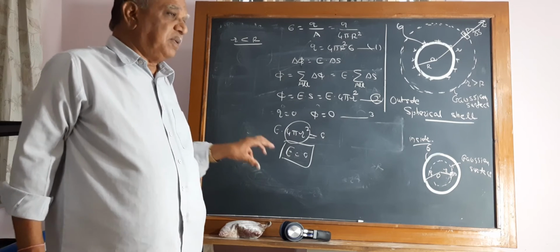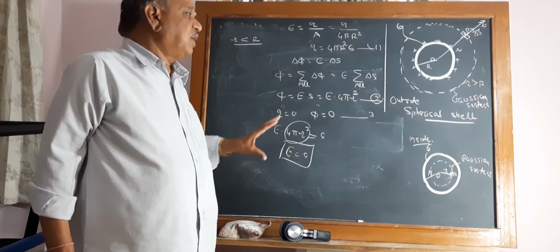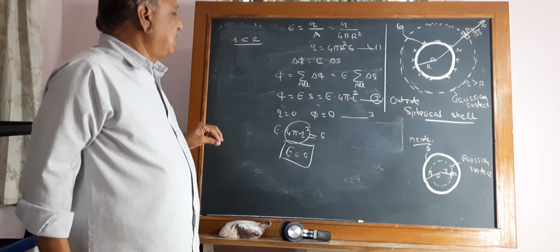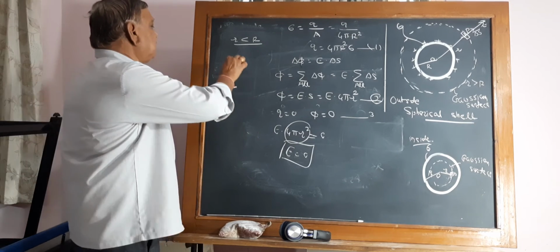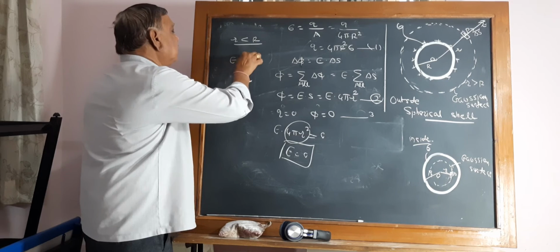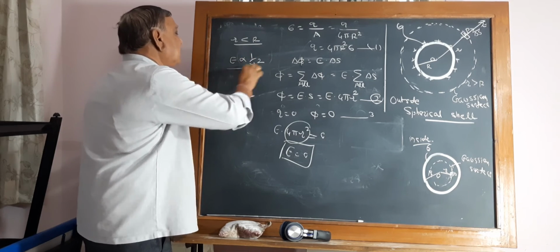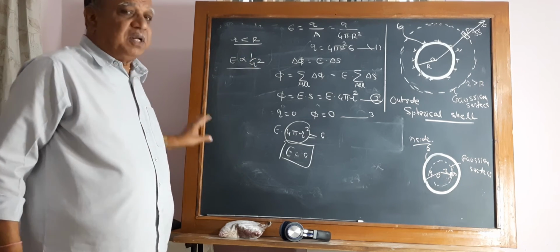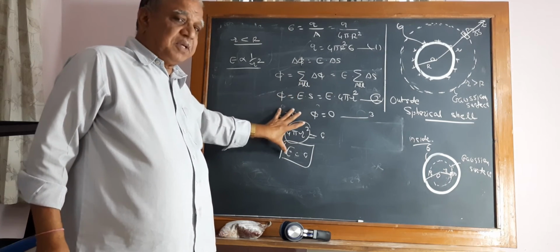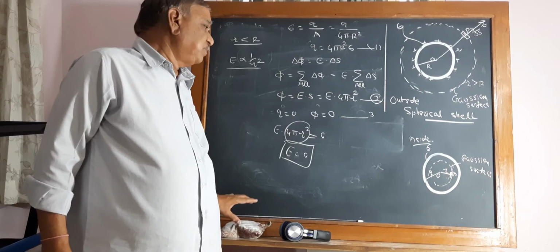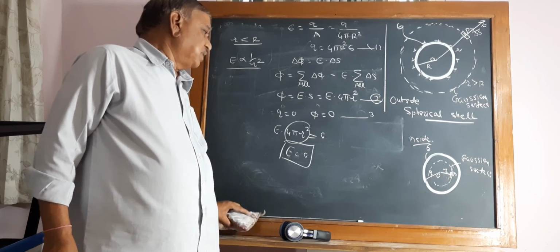There is no field inside it, only outside. And as we have discussed, outside it is proportional to 1 upon r square, just like a point charge. So we have completed all the applications for Gauss surface.